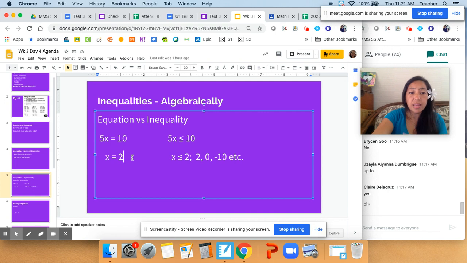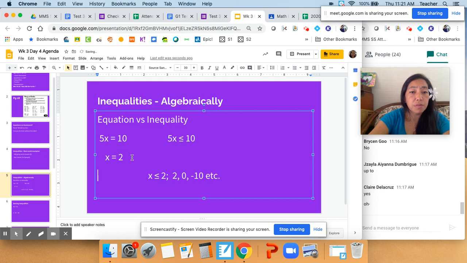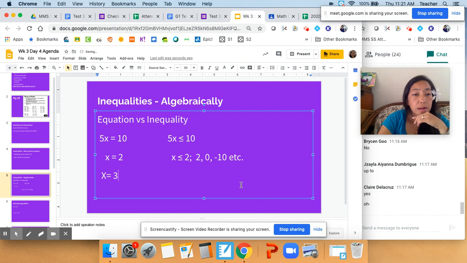If I put in anything else, for example x equals 3, and I plug it in, 5 times 3 is not equal to 10, and that would make this a false statement, and therefore x is not equal to 3.